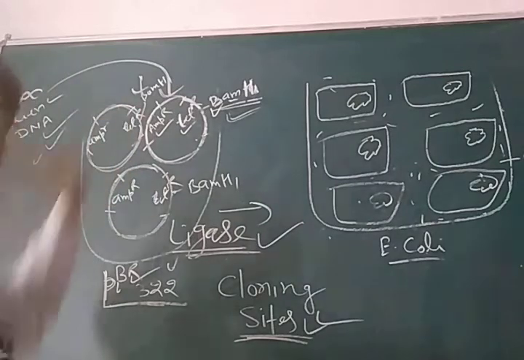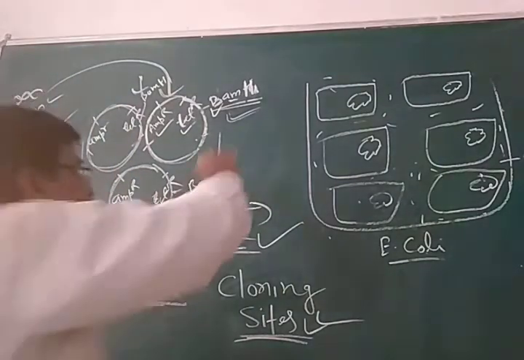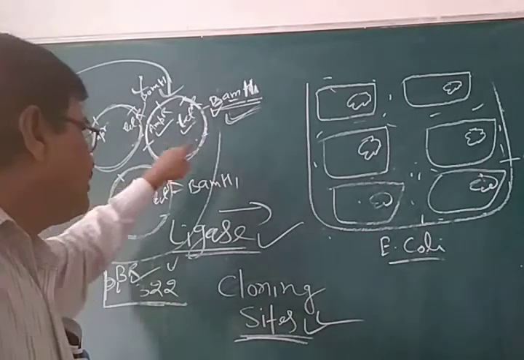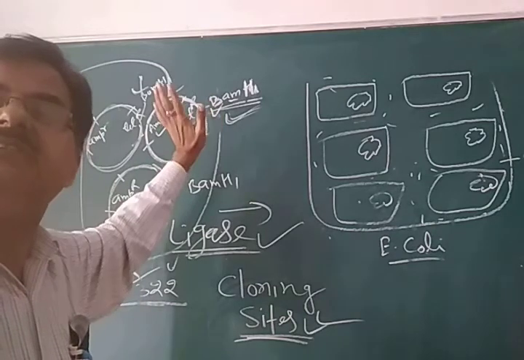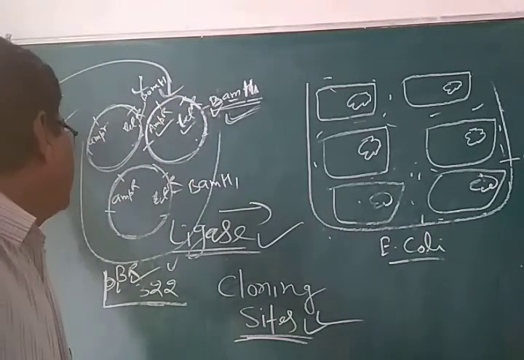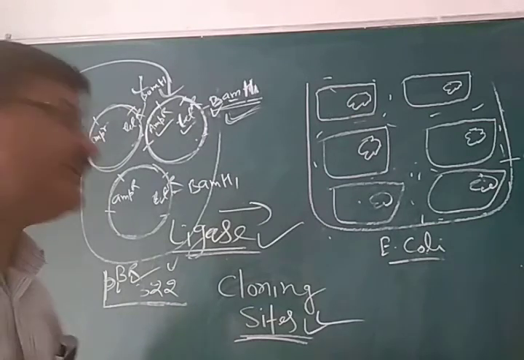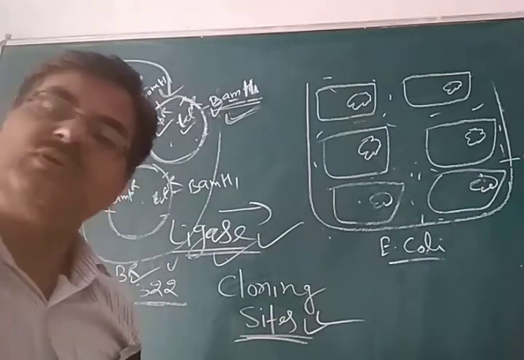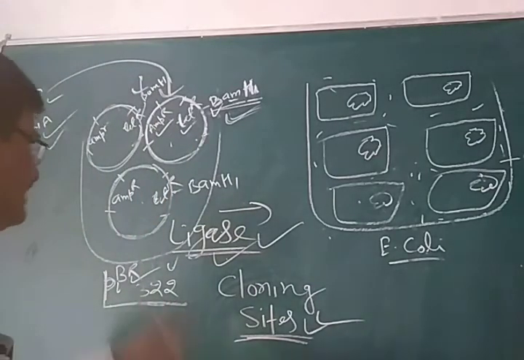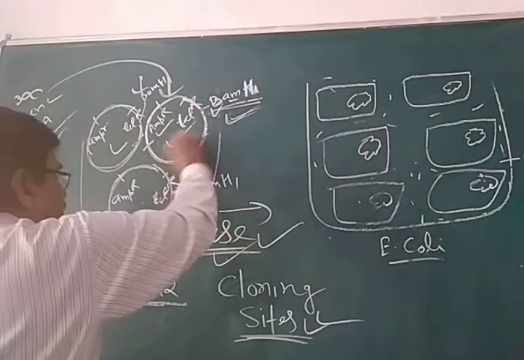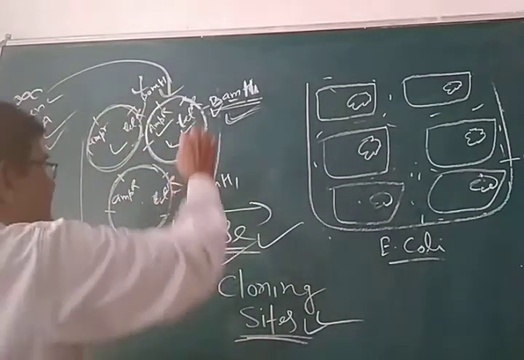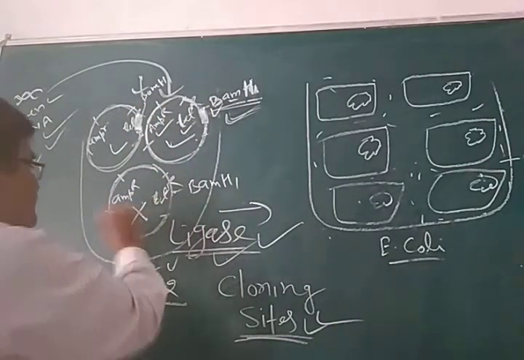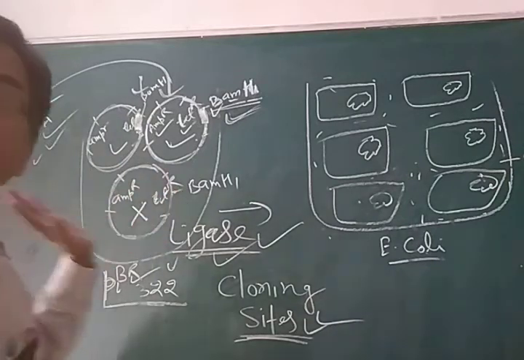into these cloning vectors. Because we have used BamHI to cut these cloning vectors, BamHI will cut them at the tetracycline resistance gene, and this is the site. After that the ligation of this foreign DNA into these cloning vectors occurs with the help of ligase enzyme. But it may be possible that in these two cloning vectors this alien piece of DNA is attached here also, but in this one the alien piece of DNA is not attached.